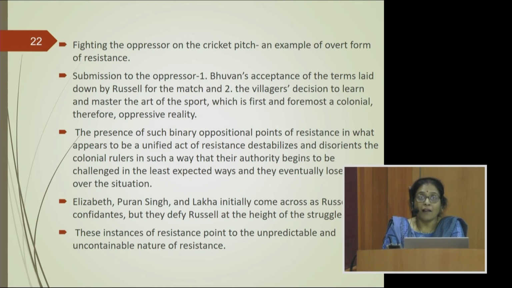Now there are many binary oppositional points of resistance. What appears to be a unified act of resistance tends to destabilize. It disorients the colonial rulers. Now see over here, just by winning that game of cricket, you win at their own game. And in the process, they lose control.